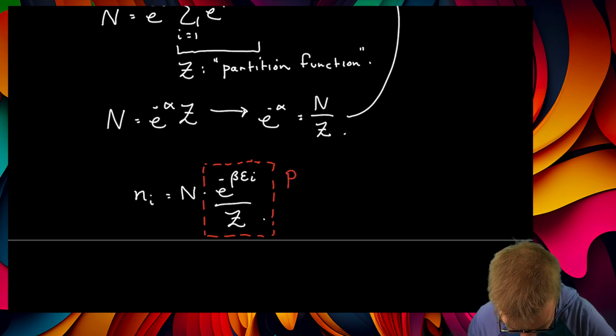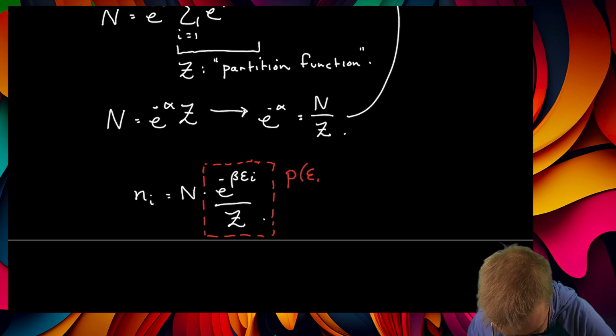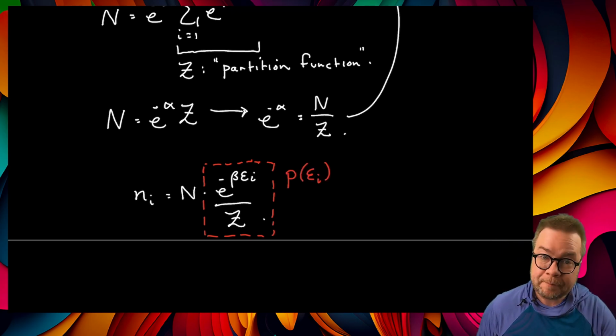It's the probability of somebody being in configuration I.